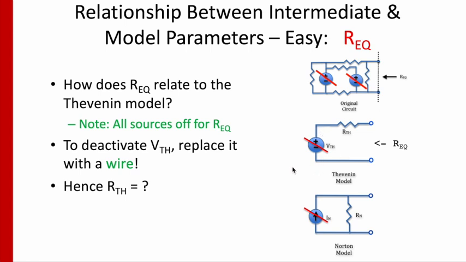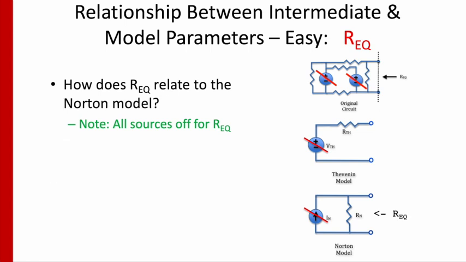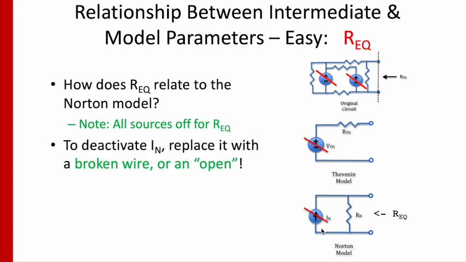Therefore, R Thevenin is simply R equivalent. And now for the Norton model. If we're going to deactivate this current source for the Norton model, we replace it with a broken wire or an open. Therefore, RN is simply equal to R equivalent.